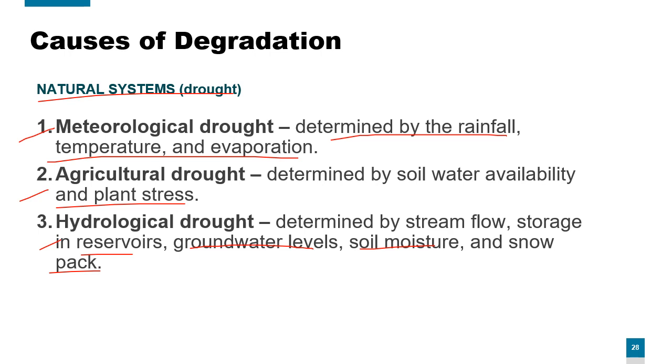Kasi kapag mataas, pwede sila magpakawalan ng water and it could actually lead sa flooding. Maaring yung mga pananim is ma-flood sa mga catch basin areas, or maaring kapag kulang yung tubig, hindi sila magpapakawalan ng tubig at magkakaroon ng water shortage. Okay? So, yun ang mga natural systems na nangyayari.